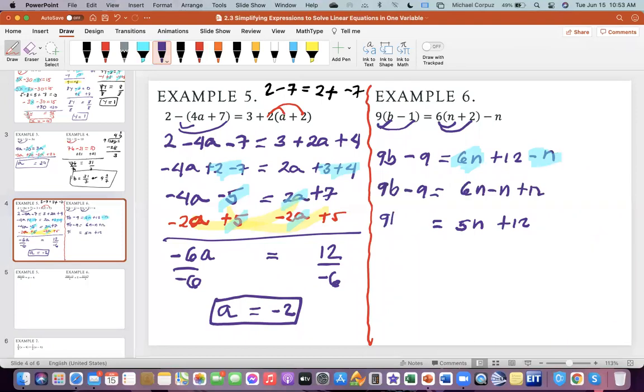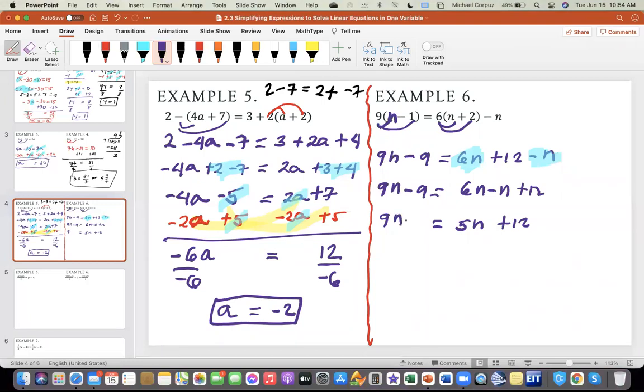Oh, wait, something is wrong here. It cannot be different variables. All right, let me check this. This one should not be b, it should be n. All right, so sorry about that. That's a typo error. So 9n.